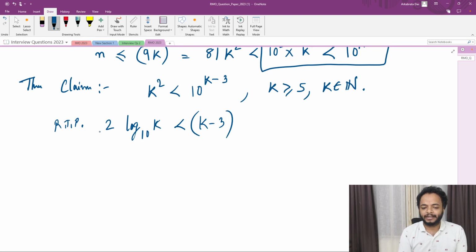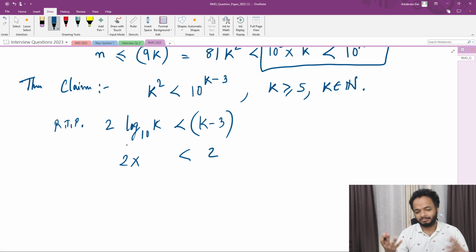Now the base case is 5. For 5 you can just plug it in and see that the right hand side is 5 minus 3, which is 2, and the left hand side is 2 times log 5 base 10, which is strictly less than 1.